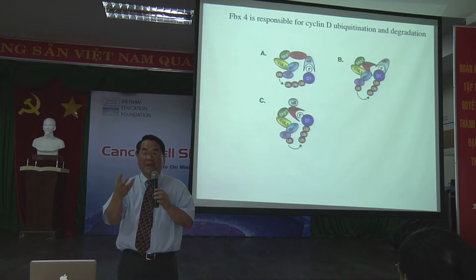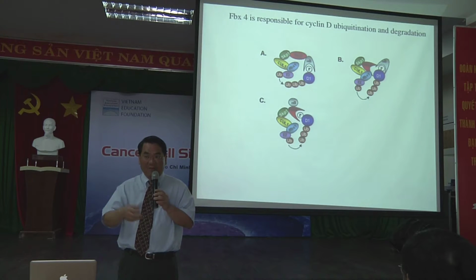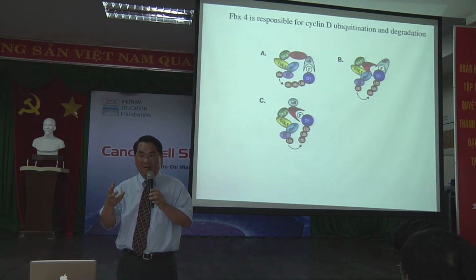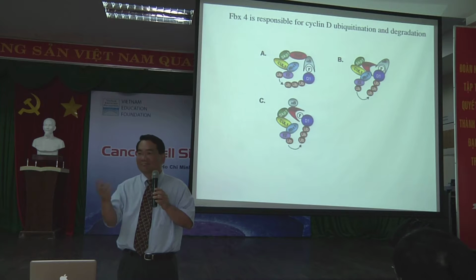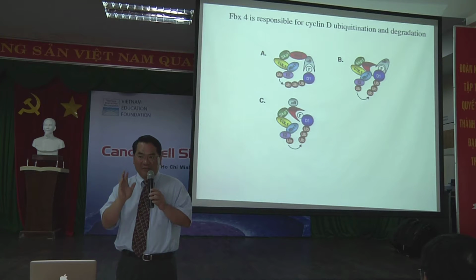For example, during the embryo stage, there may be EGF activating EGFR, and that triggers the MAP kinase pathway or AKT pathway to stop p27 or p21. Then you don't have a brake to control that, and then the cyclin CDK will be activated, and you will have a cell proliferation process.